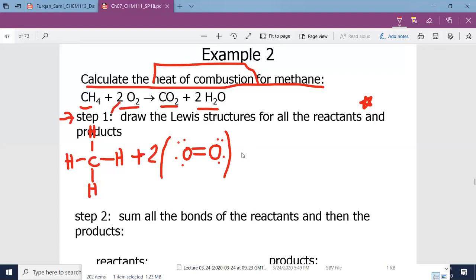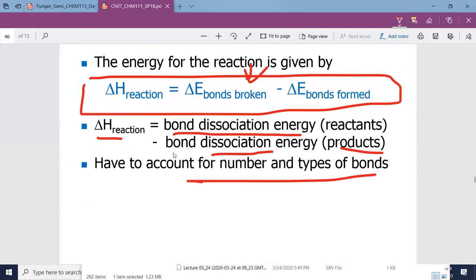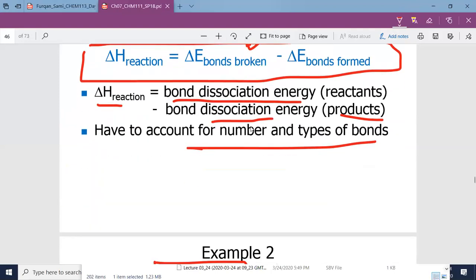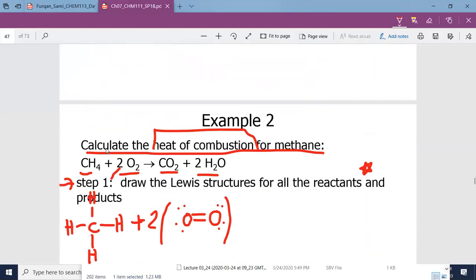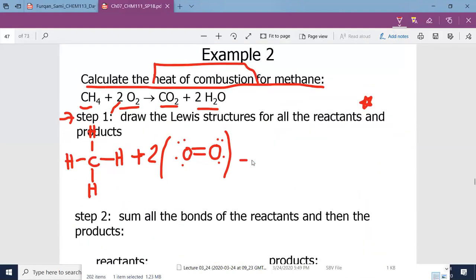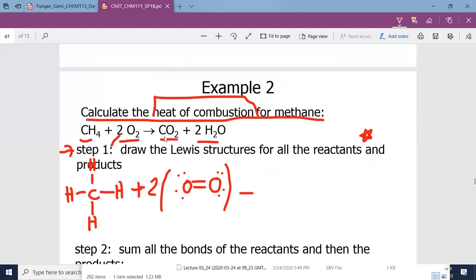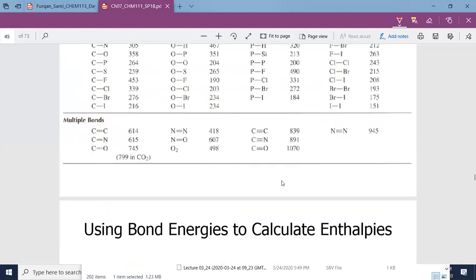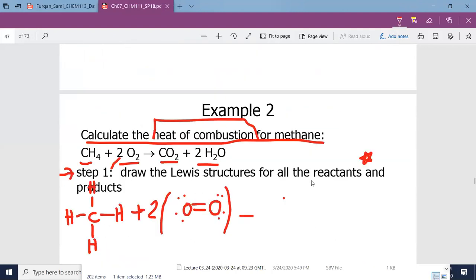Okay, then what is my formula? I have to subtract the bond dissociation energy of the reactants, bonds broken of the reactants, minus bonds formed. So carbon dioxide. If I draw the formula for carbon dioxide, so going this way, the bonds form on the product side, right?